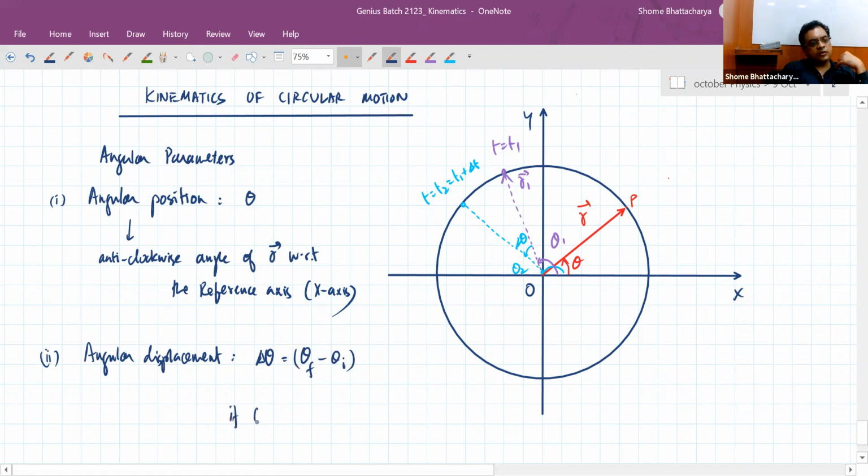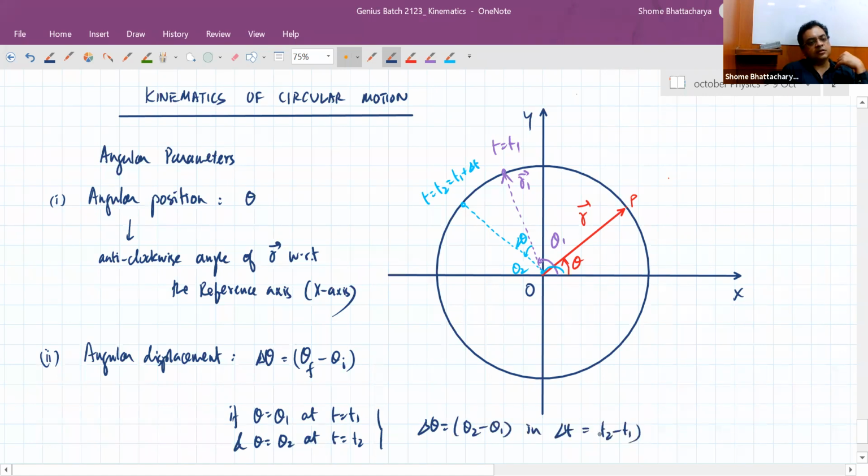So if theta is equal to θ1 at t equal to t1 and θ2 at t equal to t2, then angular displacement is θ2 minus θ1 in the time interval delta t, which is t2 minus t1.